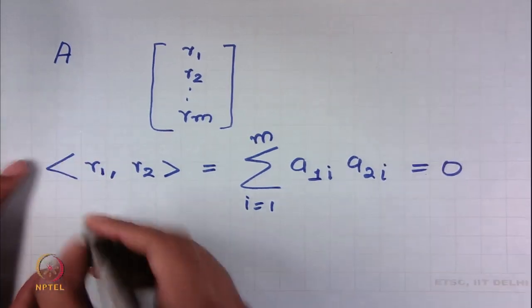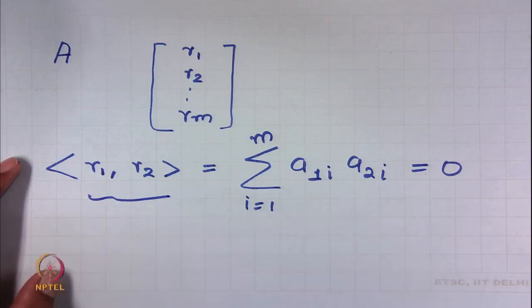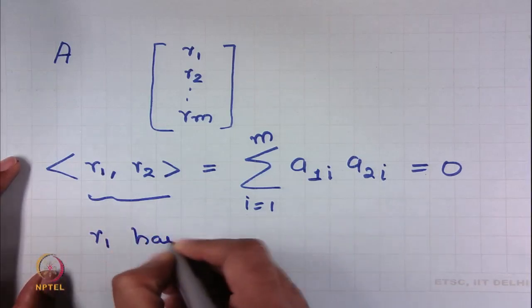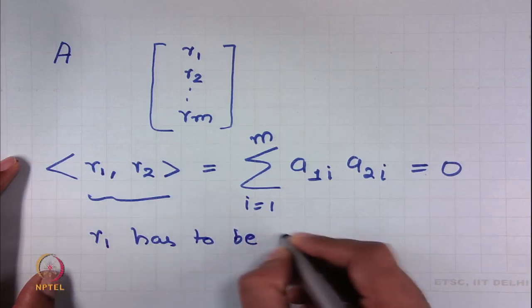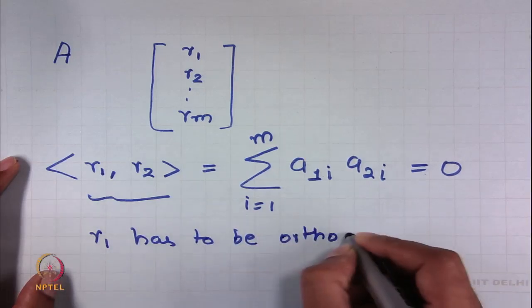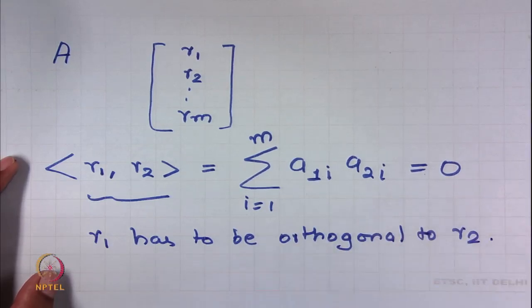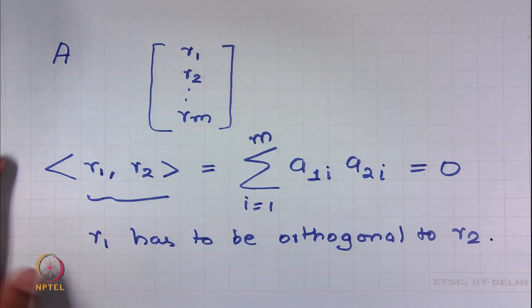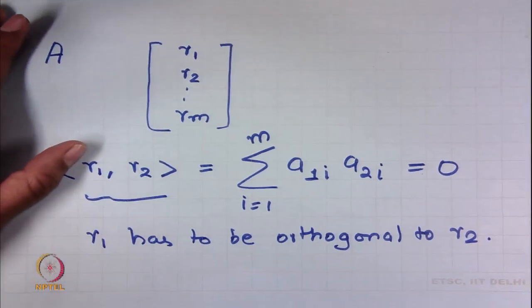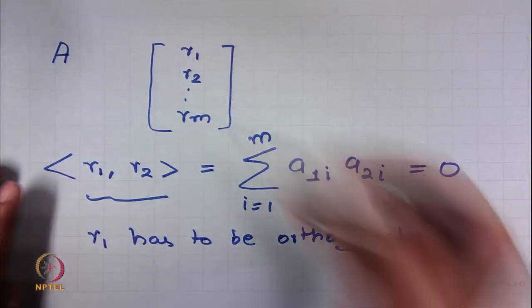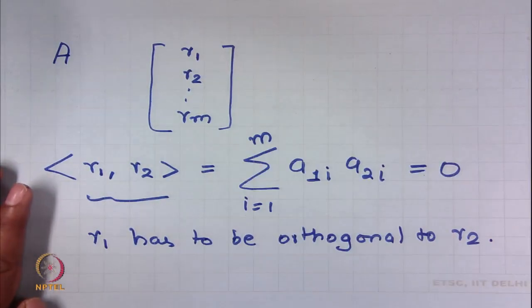And this simply means that for the random variables to be uncorrelated, row 1 has to be orthogonal to row 2. And if you want random variables Z1, Z2 and Zn to be uncorrelated with each other, what you simply require is that these rows should be orthogonal to each other.